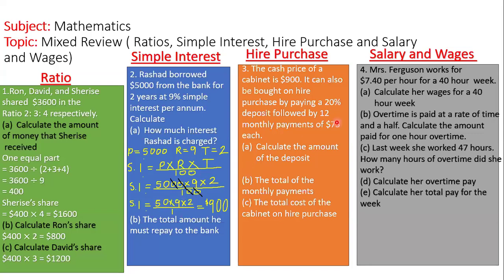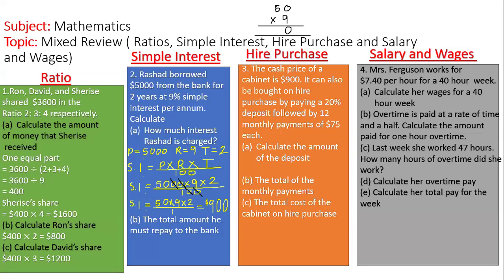So what we basically have to do is multiply, first, 50 times 9. What is 9 times 0? 9 times 0 is 0.